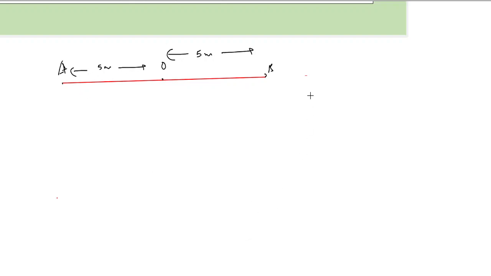Now, if we draw a graph of displacement versus time, it is something of this kind.